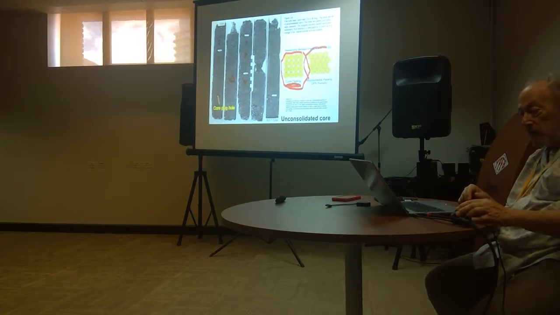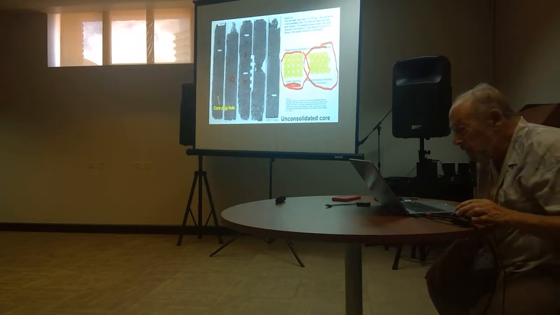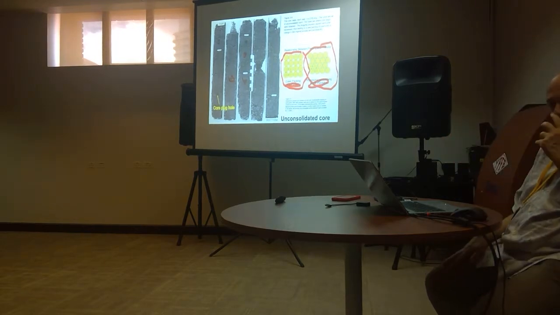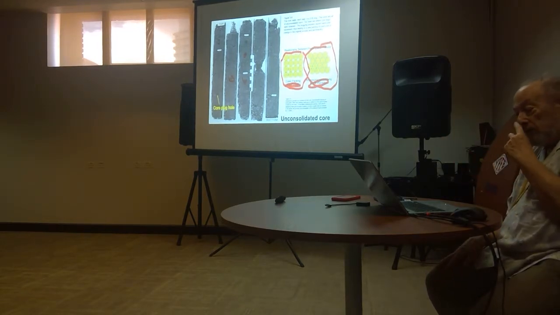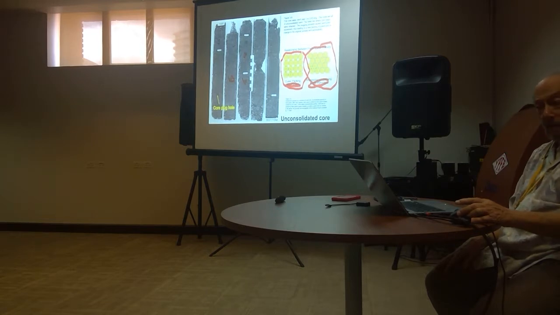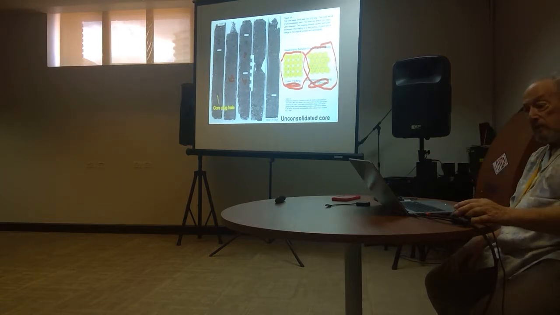And what's that going to do? It's going to reduce your porosity and your permeability. So in this case, you drop down to 26% porosity. I don't know what the permeabilities would be, but certainly the permeability would be less here than it is in that arrangement of sand grains.